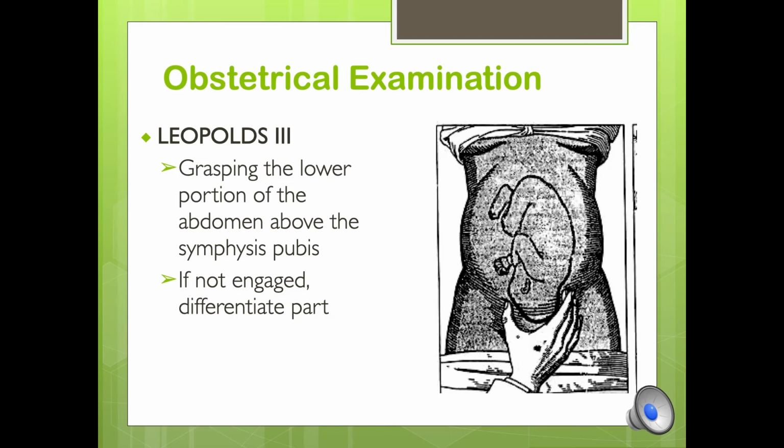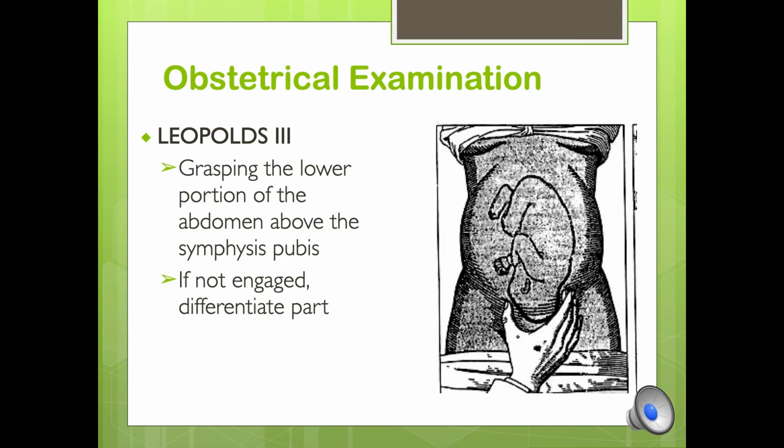For Leopold's 3, we determine what part occupies the area just above the symphysis pubis. With this, you may be able to determine the presenting part of the fetus.